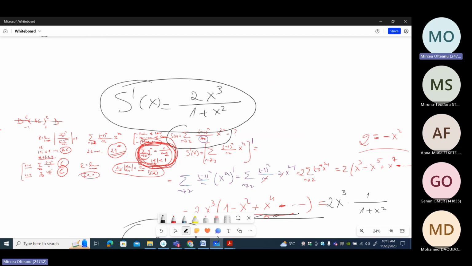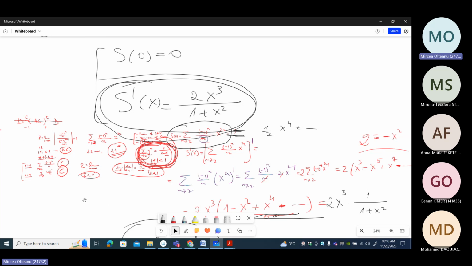Attention, it starts with n equals 2, you get 1 over 2 x at 4, and so on. So when you put x equals 0, you get 0. So the function S has the property that S at 0 equals 0, and it is the primitive of the function S prime of X. So we shall choose that primitive of S prime which vanishes at 0.